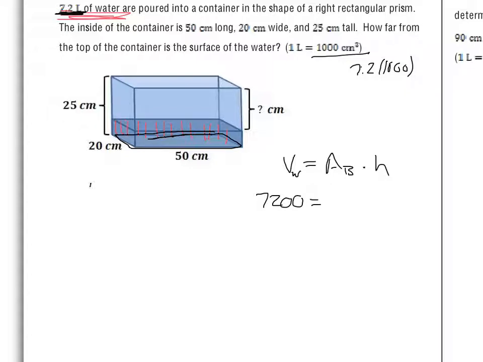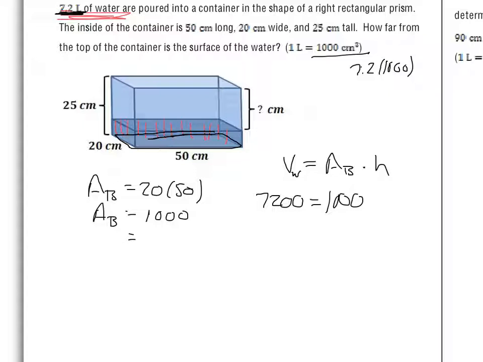The area of the base is equal to 20 times 50, which is 1,000. So where am I going to plug that into my equation? Well, that goes in directly for the area of the base.